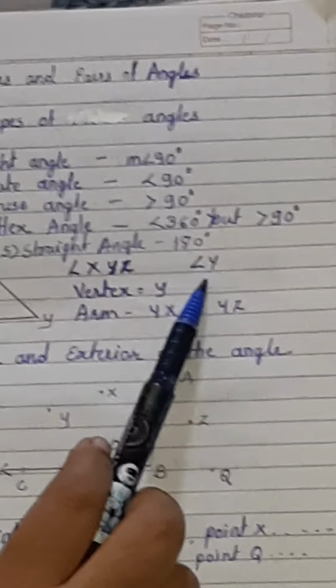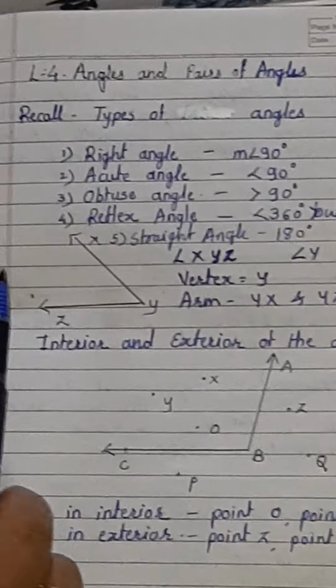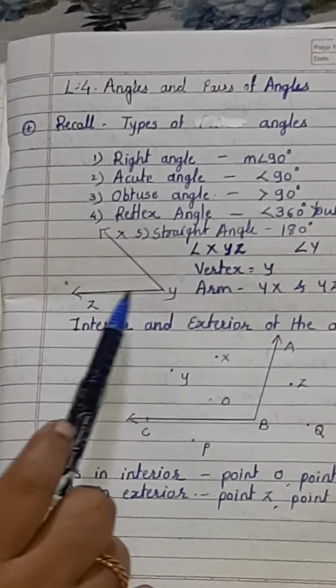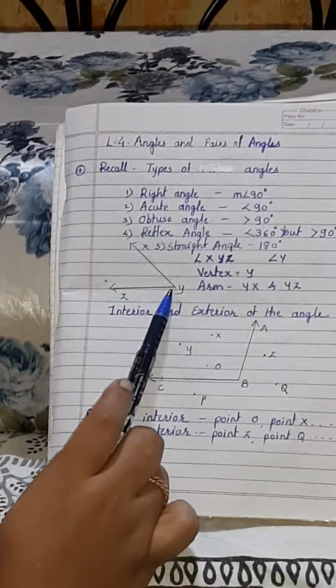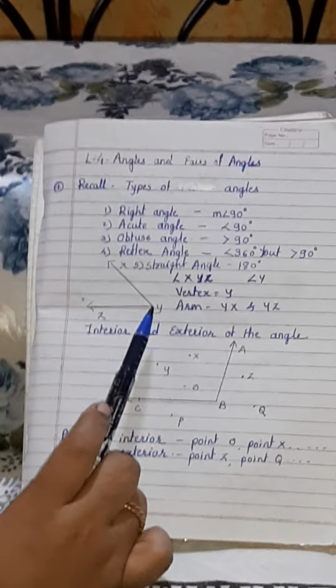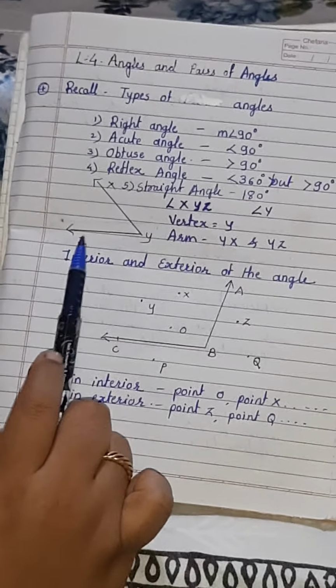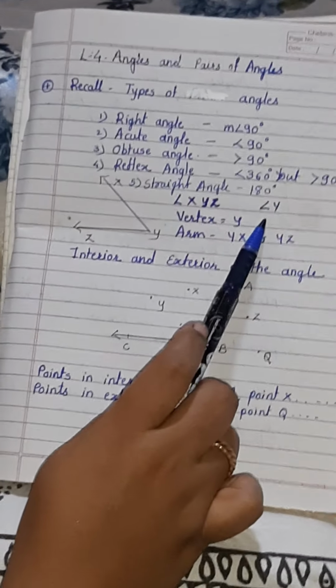But which is that letter? See the angle XYZ. Where the angle is, that point will be used for the angle. So we'll write this angle as angle Y.